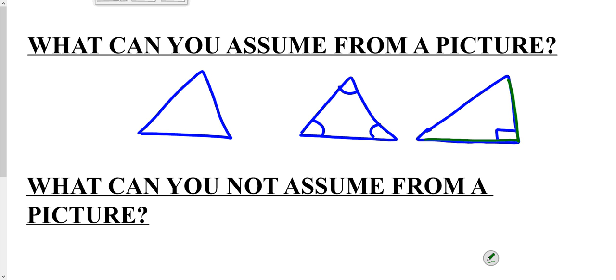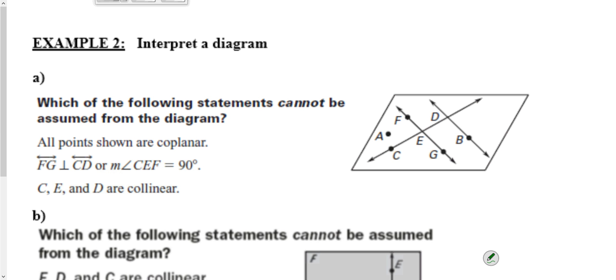We're going to have a lot of situations like that in homework and in your work, where something looks like they should be perpendicular, but you don't know if you don't know that there's a right angle. So you need to be able to ask those questions. Can I assume this based on the image? Can I not assume this based on the image?